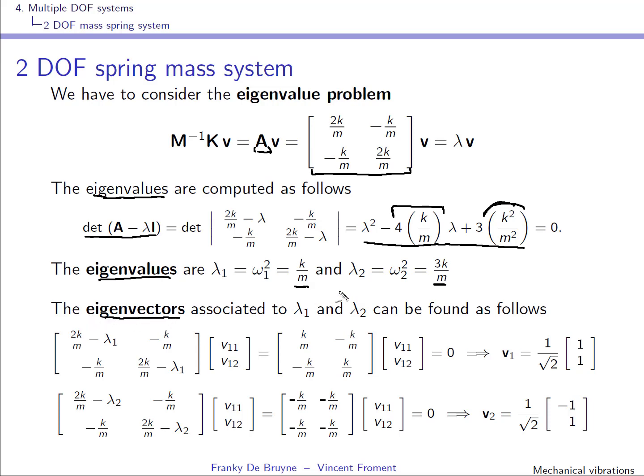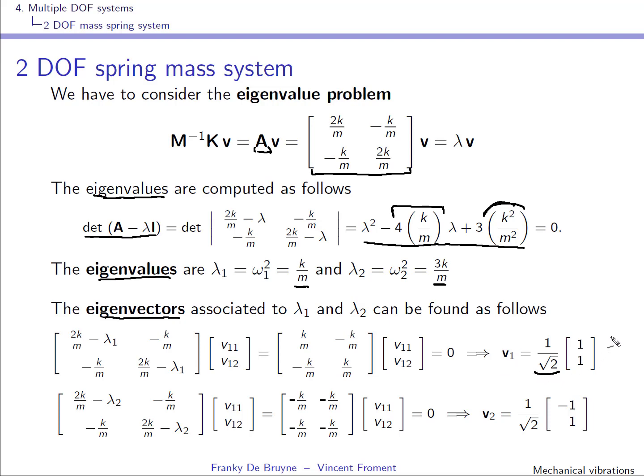Okay, so you plug lambda 1 in here, so you have your matrix times v is equal to 0. If you plug lambda 1 in here, you'll end up with this matrix, and it's kind of easy to see that the vector 1, 1 is a solution, and we are going to make sure that it becomes a unit vector.